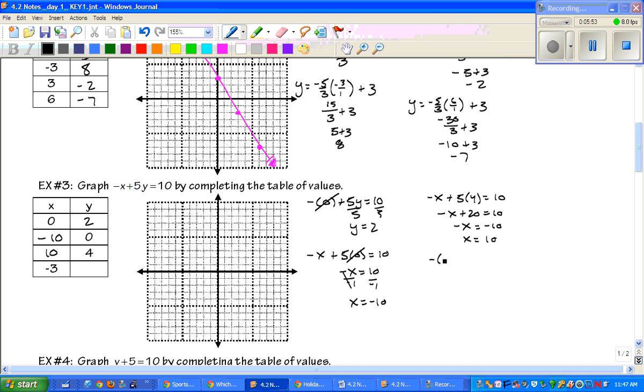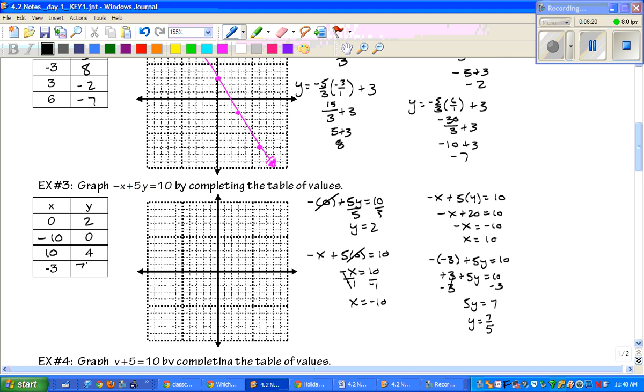And then the last one, you're plugging in for x, which gives you positive 3. Going to subtract 3 to both sides. 5y equals 7, and you get y equals 7 over 5.